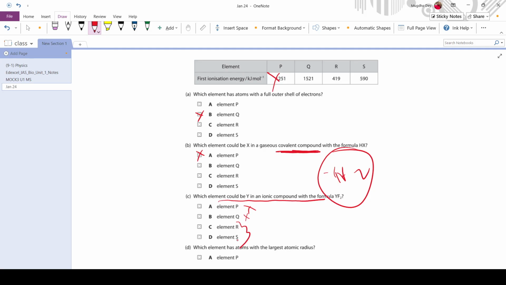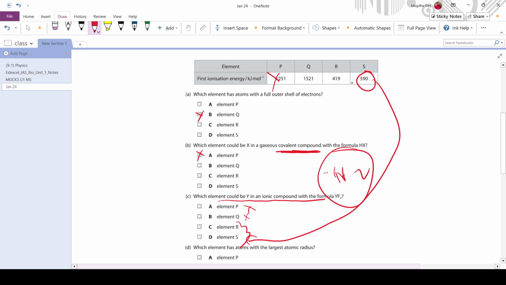Among R and S, if you see, this one's ionization energy is higher. Most probably it's element S. Why is it not element R?